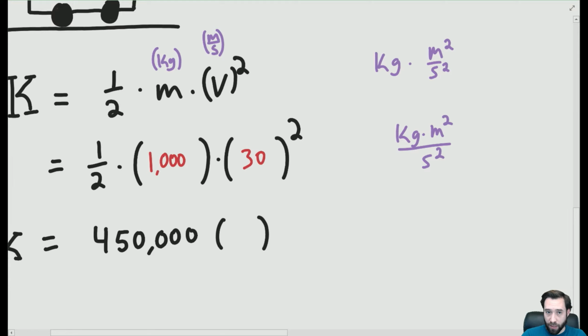And we have something here that should look familiar. I didn't really emphasize it a lot when we were talking about forces, but a kilogram meter per second squared is a Newton. So I'll do this just to show you the intermediate.